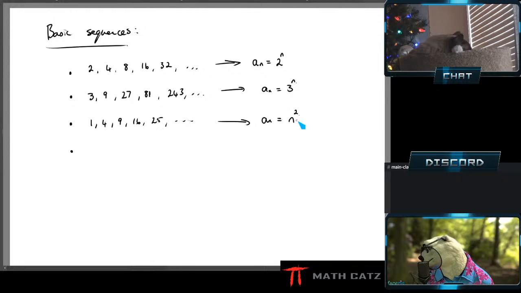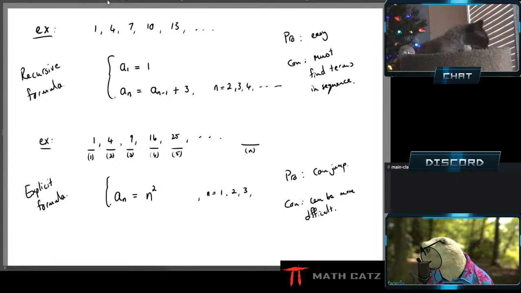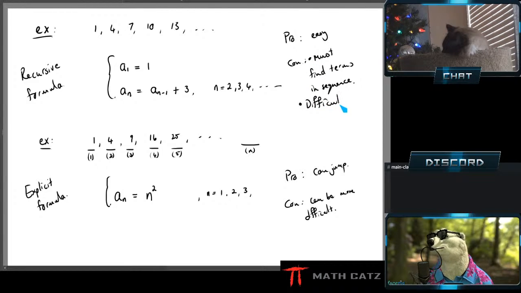Now, when we did this first sequence, we just looked at multiplying by 2 recursively. It has an explicit formula, which will be easier to use. Another downside to the recursive formula is that I must find the terms in sequence, and it's very difficult to use past finding a few terms.